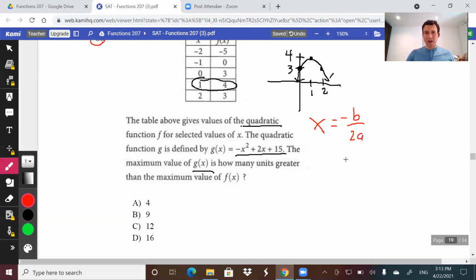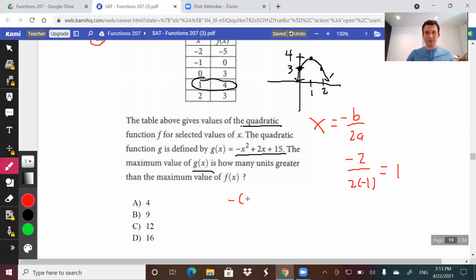So what we have is negative 2 over 2 times negative 1 for a. So really we end up with 1, negative 2 over negative 2. You put that back in to get the output value, which will be the maximum value. It will give you the vertex.